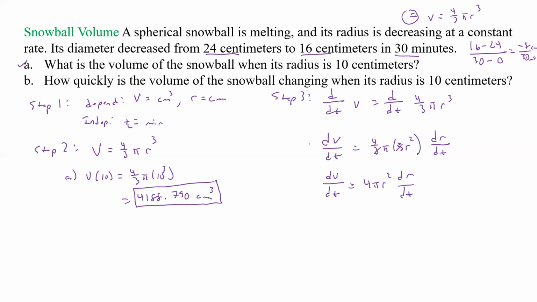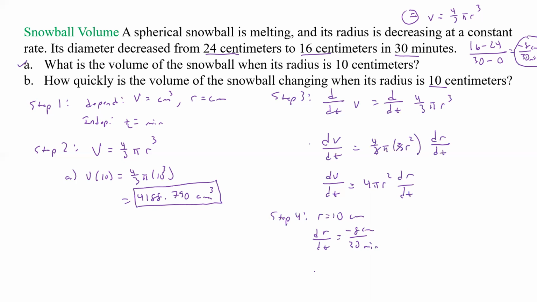Now, do we know anything? Well, yeah, we know r is 10. We know dr/dt. Well, we figured that out at the very beginning because we knew we were going to have to figure that out eventually. And so step 4, we know r is equal to 10. We know dr/dt is equal to negative 8 over 30, and this is centimeters per minute.